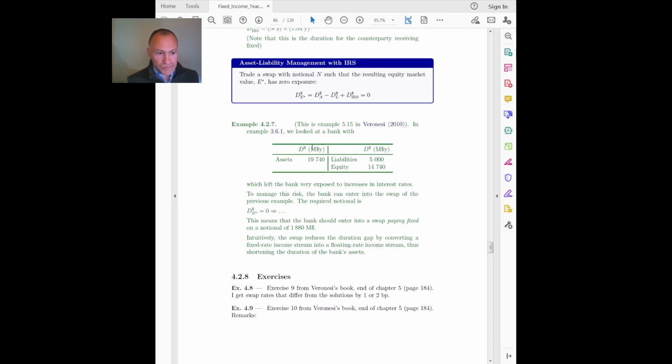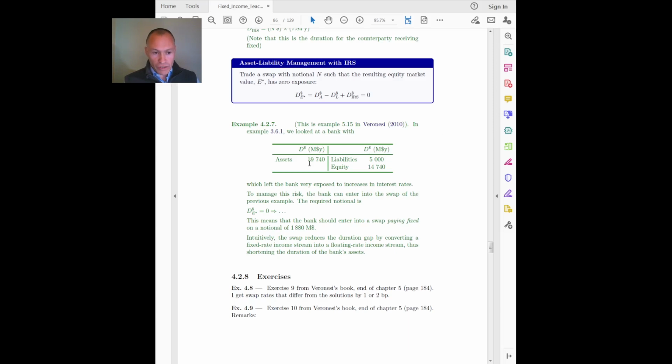Right? So going back to the example we did a few sections ago, we had a commercial bank that had long assets and short liabilities that created a mismatch, because the duration of the assets was much larger than the duration of the liabilities, which was shorter, and that mismatch created a lot of risk for the shareholders, right?